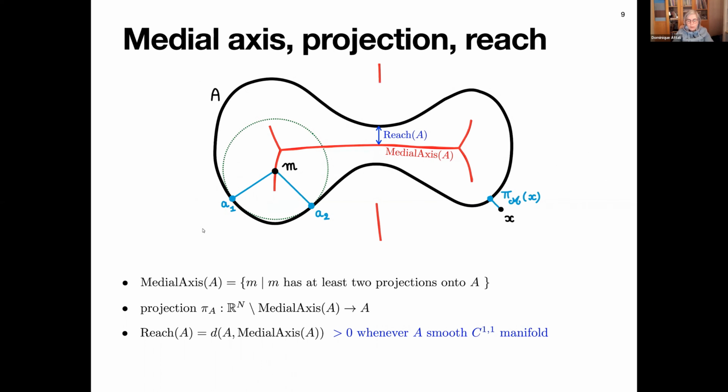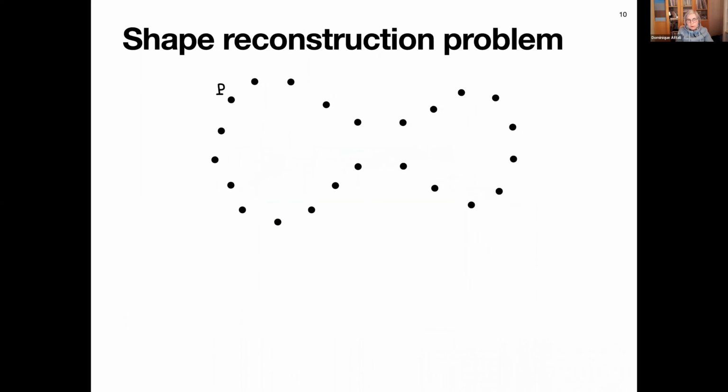But when you consider a shape that is a smooth manifold, the reach is positive. For instance, here it would be maybe this quantity. The reach has been used to describe the quality of the point set.